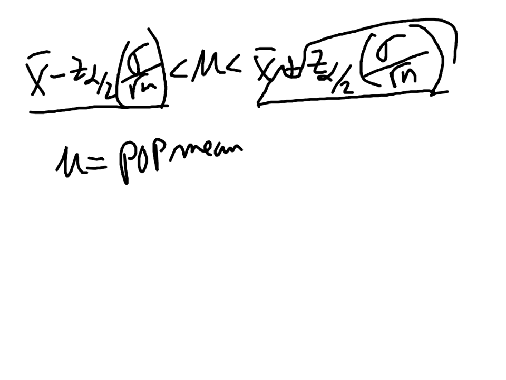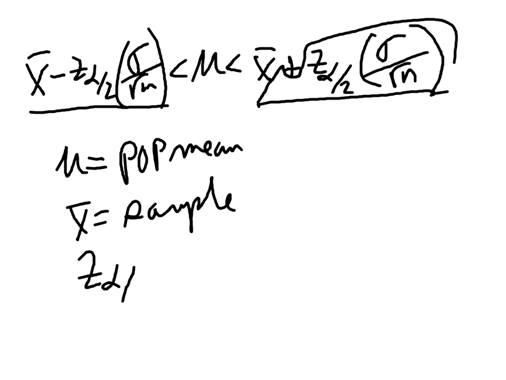So it gives us a range of values in which we firmly believe, let's say we're 99% confident, that the true population mean lies. We know what this is: this is called the sample mean, and that will be given to us. We also know that the z sub alpha over 2, which I'm going to explain in just a second, ties in with our z-tables.